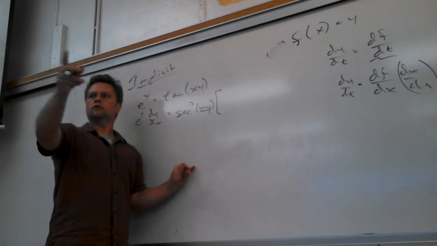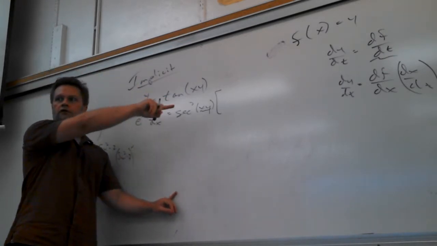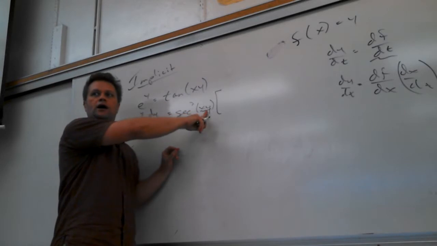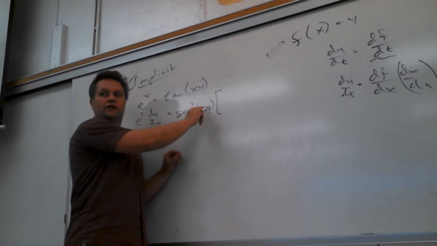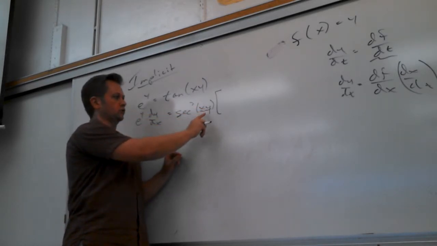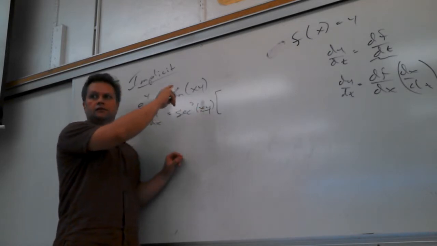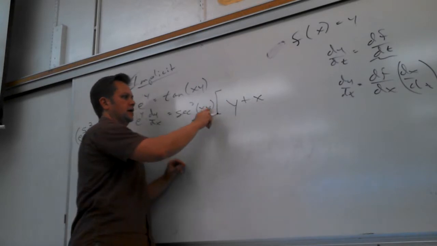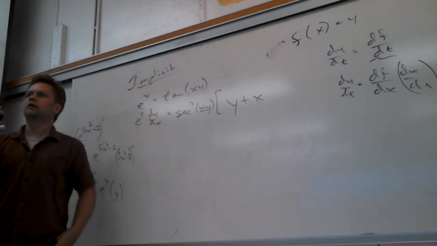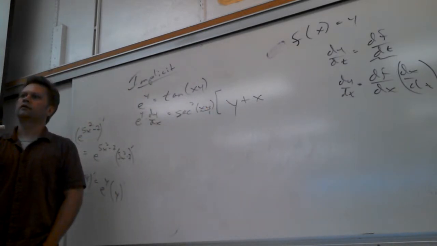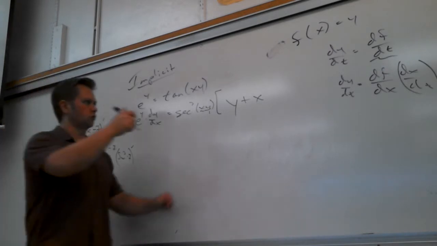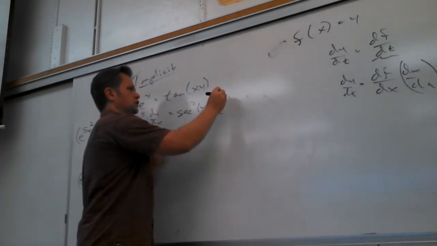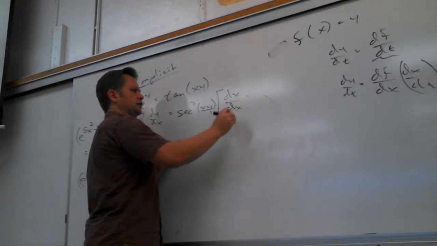You with me? So the same way I had an inside function there, I've got to take a derivative, and I've got to take a derivative of xy. How do I take the derivative of xy? Product rule. Derivative of x is 1, so we get 1 times y plus x times derivative of y. What's the derivative of y? dy dx. So really, I am always doing d something dx.